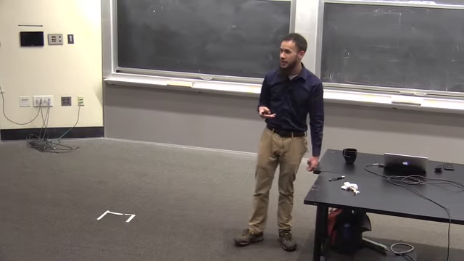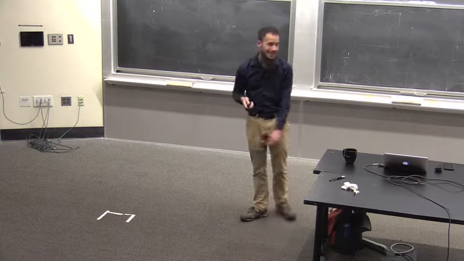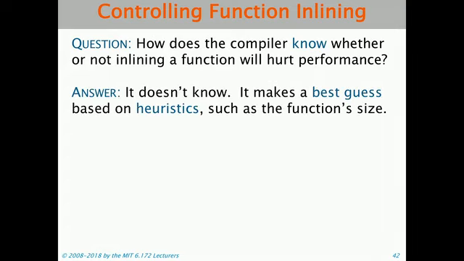Is the cost model always right? It is not. So the answer, how does the compiler know, is really it doesn't know. It makes a best guess using that cost model and other heuristics to determine when it makes sense to try to inline a function. And because it's making a best guess, sometimes the compiler guesses wrong.